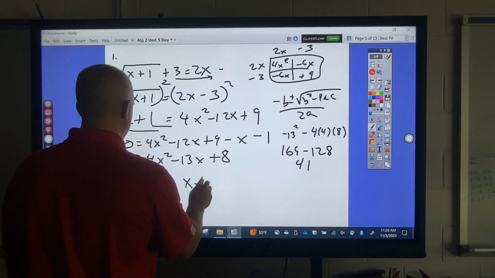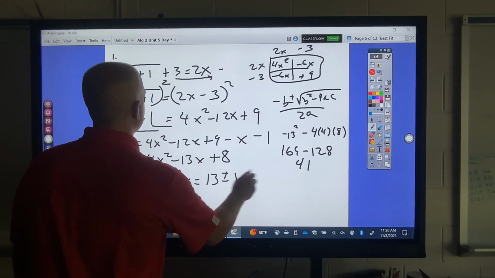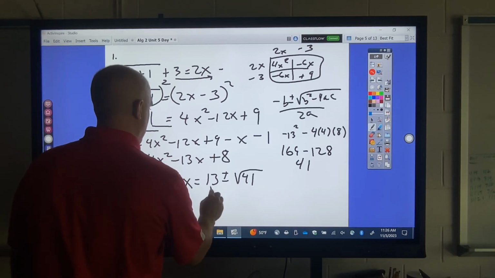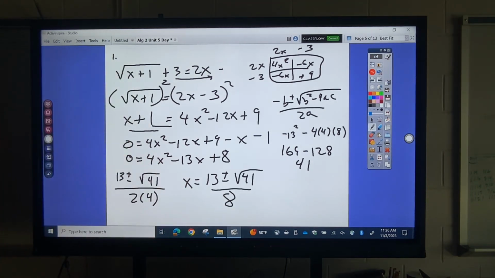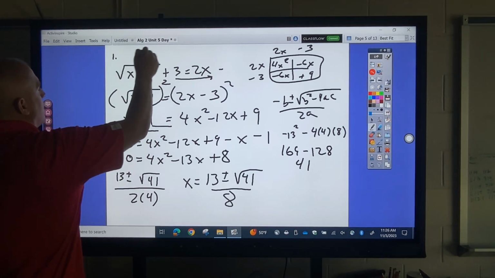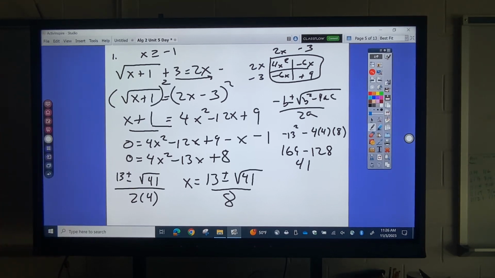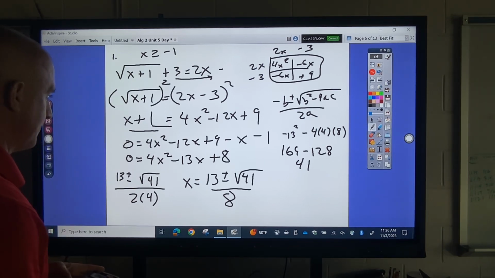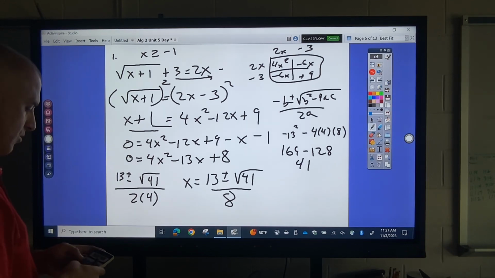So I got x equals 13 plus or minus the square root of 41, all over 8. Once again, I want to check to make sure that in this case I have something greater than or equal to negative 1. And I think that's the case for 13 plus the square root of 41.